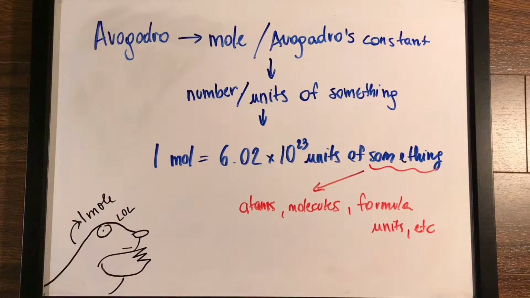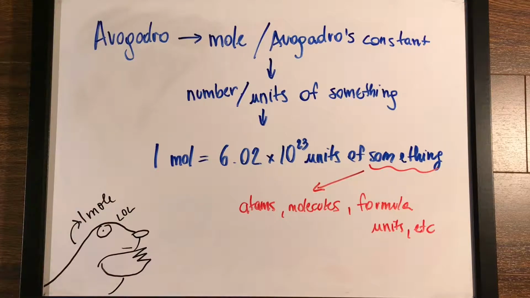Which makes chemistry a lot simpler. Imagine you having to work with zillions and zillions of zeros in your equations. That would be very hard. Isn't it much easier to say I have this amount of moles? Well, I think so, and I'm sure Avogadro does too.